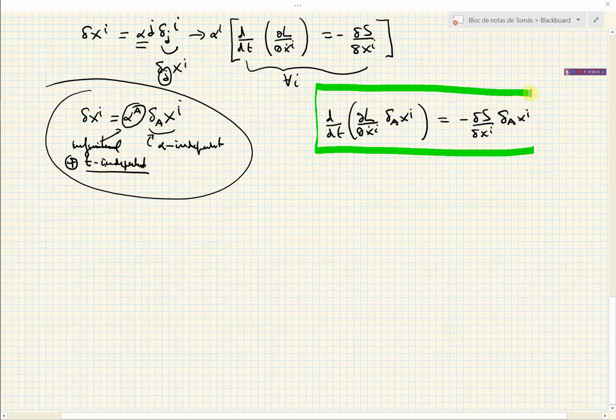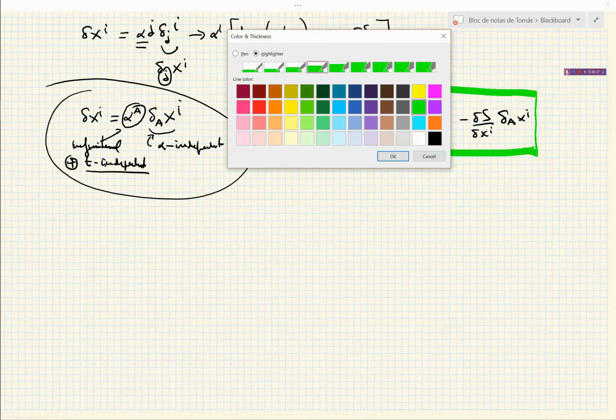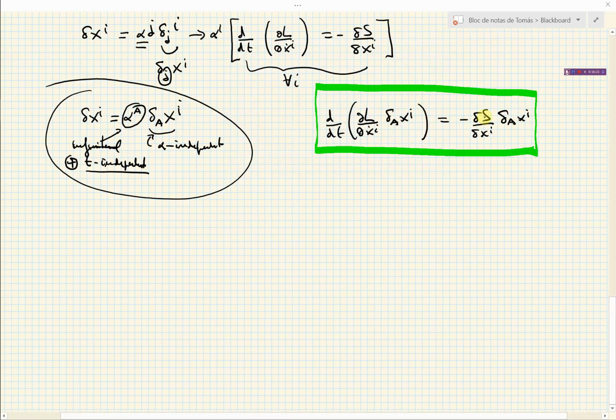Because now, if the equations of motion are satisfied, so this delta S over delta x_i is 0, you find that you have these quantities that we can call P_a, because they are like the conserved momentum, that are conserved. They are constants of motion because their derivative with respect to time is 0.